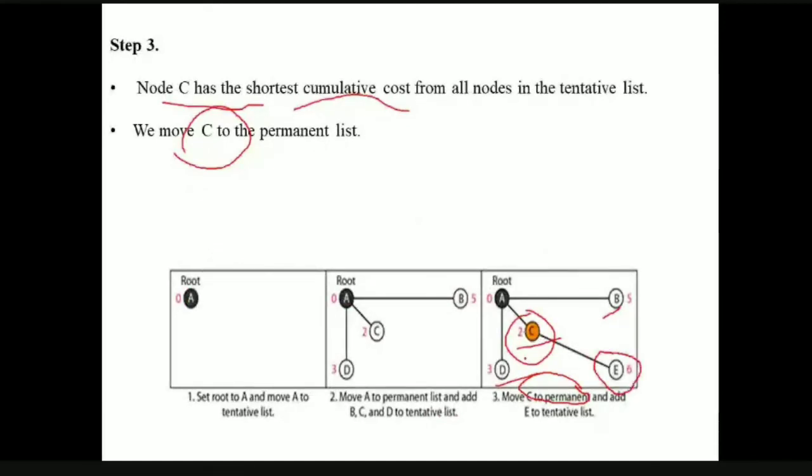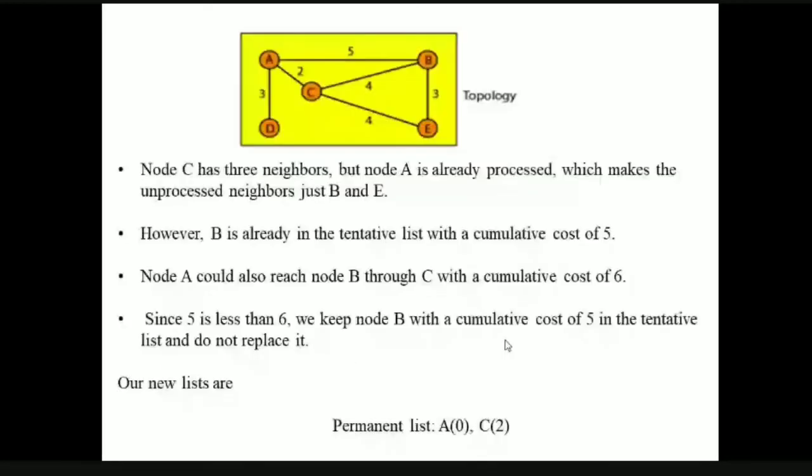What are the neighbors of C now? A, B, and E, right? But if you observe, A is already processed, so there is no need to touch A now. The only unprocessed nodes are node B and node E.